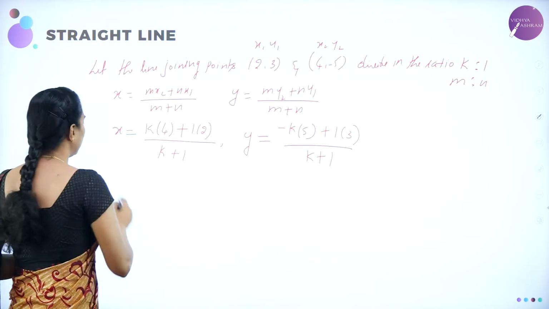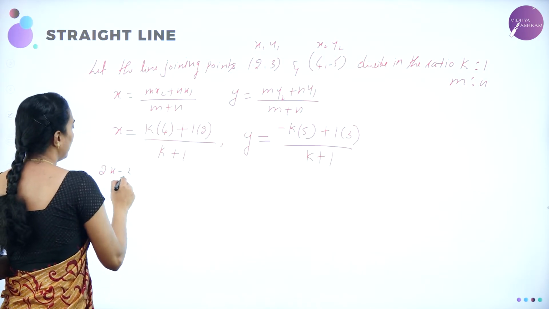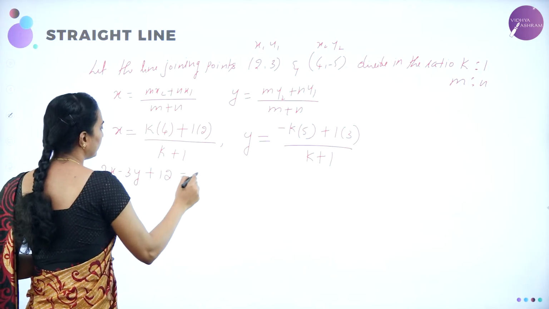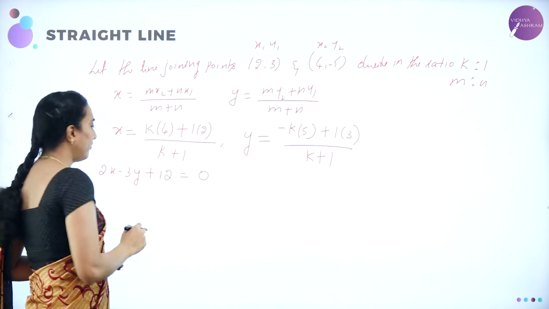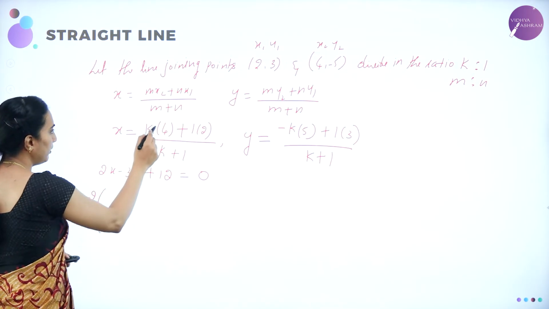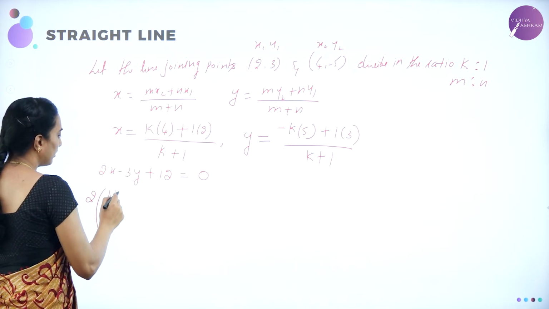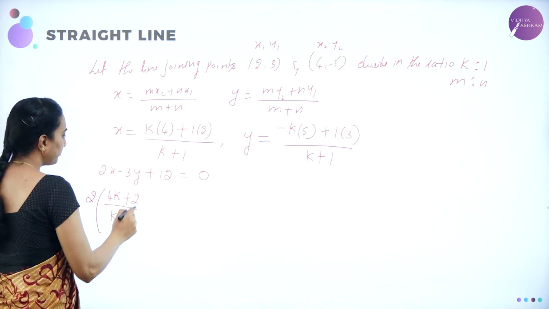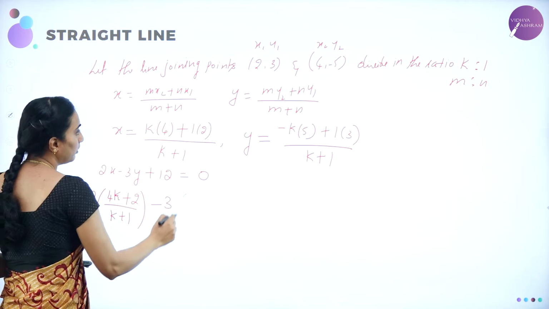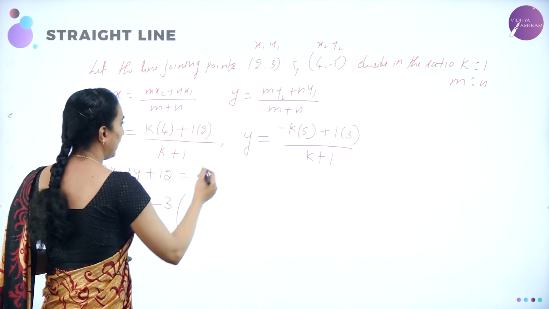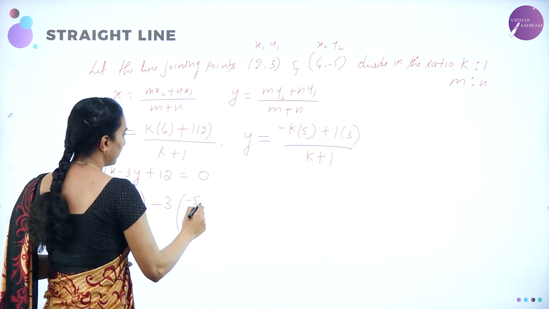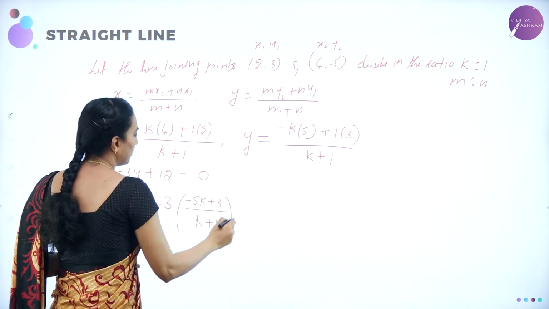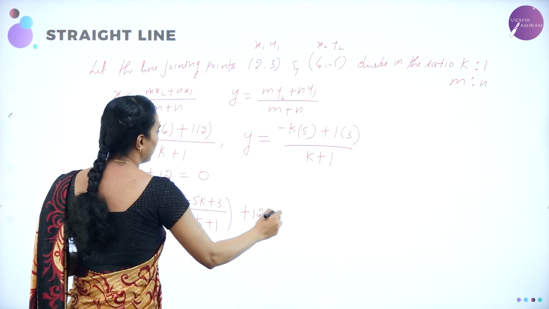Substituting in this equation, 2x - 3y + 12 = 0, the x value and the y value: 2 into the x value, (4k + 2)/(k + 1), minus 3 into the y value, (-5k + 3)/(k + 1), plus 12 equal to 0.